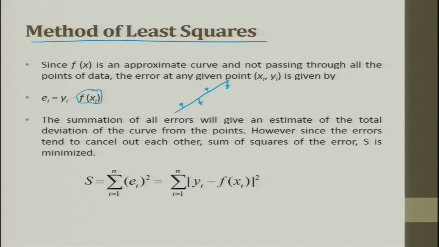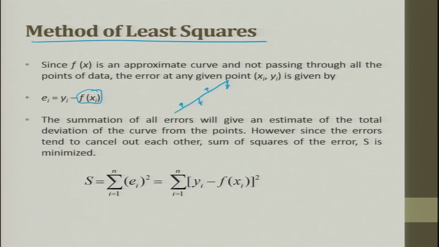Since f(x) is an approximate curve and not passing through all the points of data, the error at any given point xi, yi is given by ei is equal to yi minus f(xi). The summation of all the errors will give an estimate of the total deviation of the curve from the points.